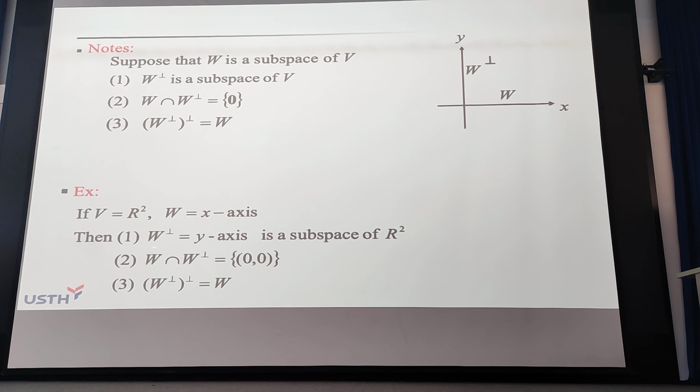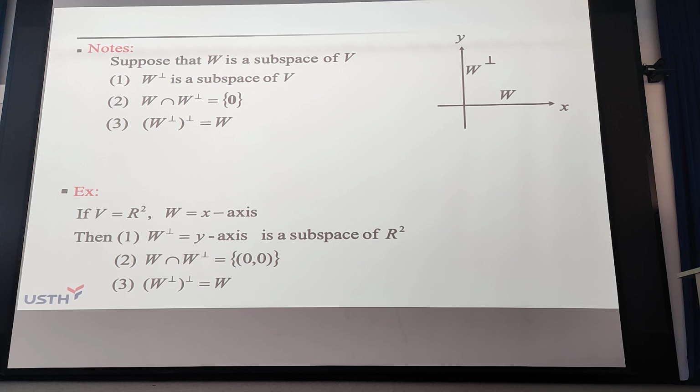The orthogonal complement will be the Y axis. It is again a subspace of R2, and the intersection of W and W perpendicular is the origin only. And if you take the orthogonal complement once again, you get back W. So that example helps you to verify that.